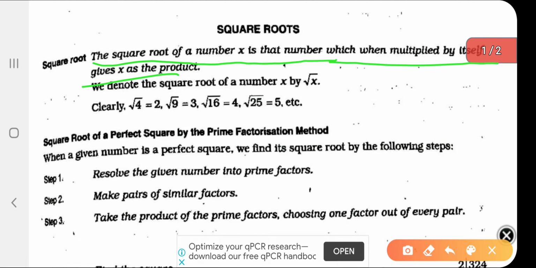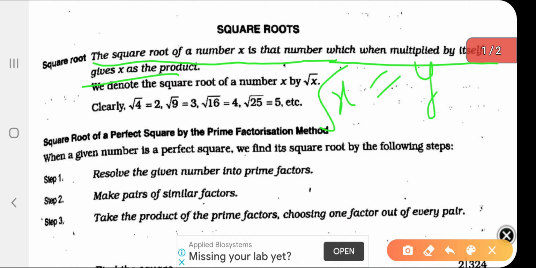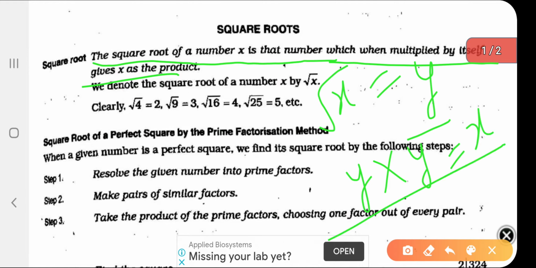It means that if there is a number x whose square root is y, then when y is multiplied by itself, that is y times y, it gives x. This is the definition of square root.